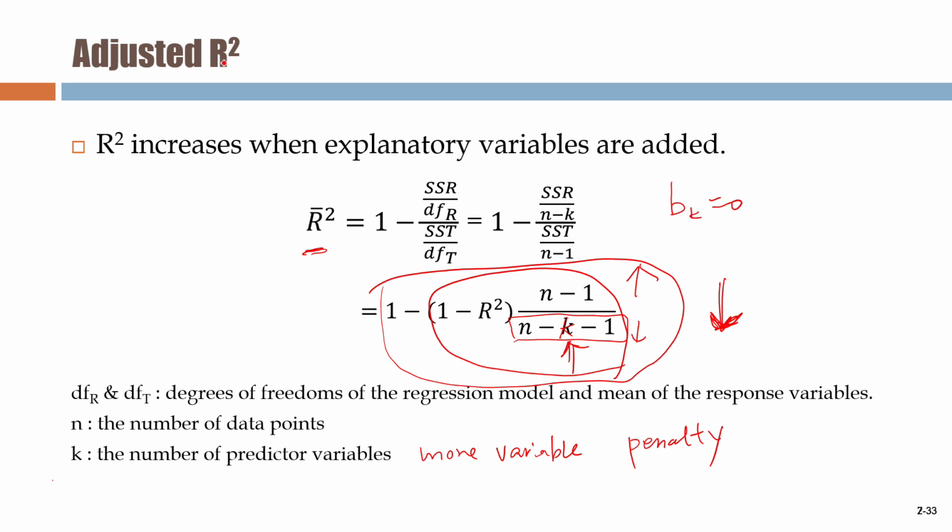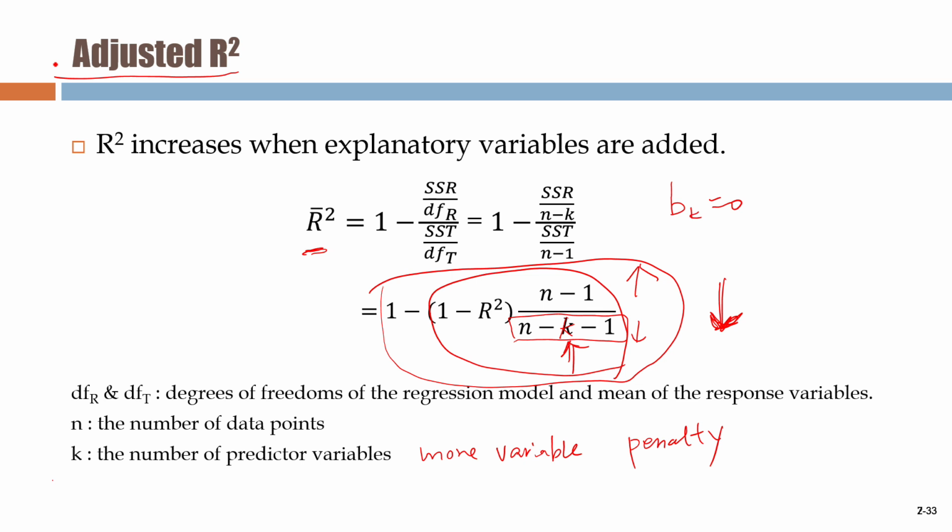That's why we use adjusted R square. Adjusted R square penalizes a lot of predictor variables. When you see adjusted R square increase, it means that even though I added a new variable and got penalized for it, my R square increased more than that.